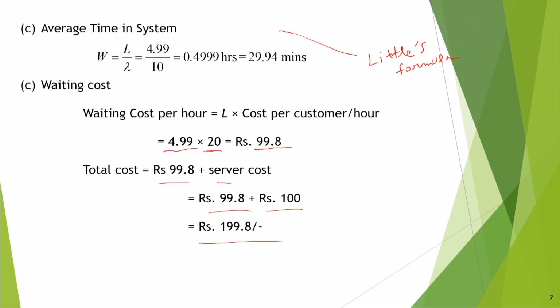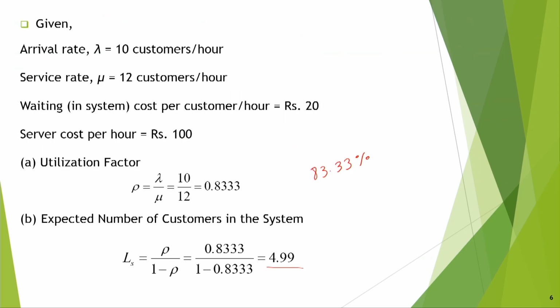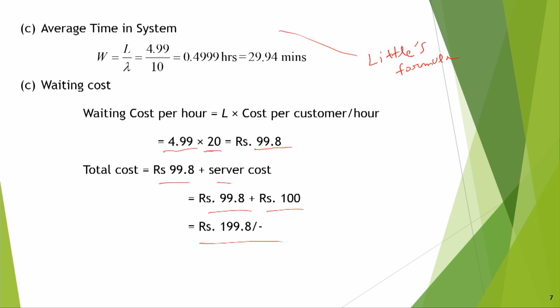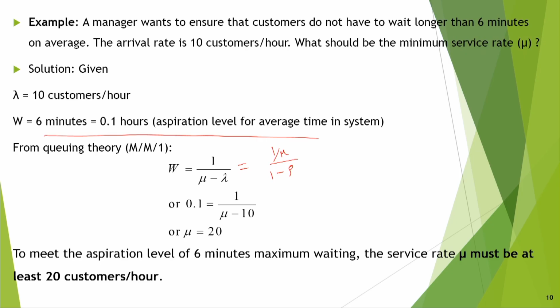A few minutes before I told that formula, LS is equal to rho divided by 1 minus rho. In terms of lambda and mu, this will be lambda by mu divided by 1 minus rho.